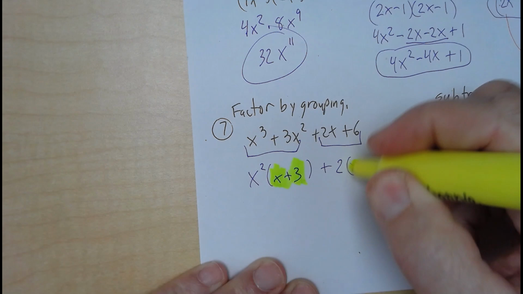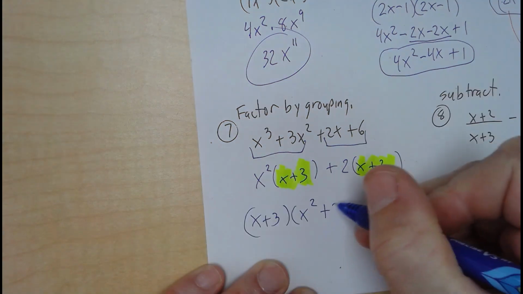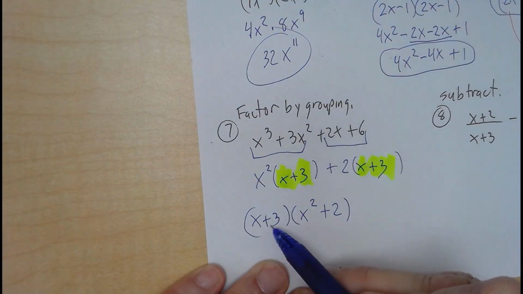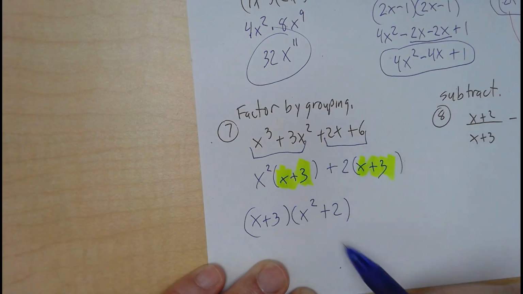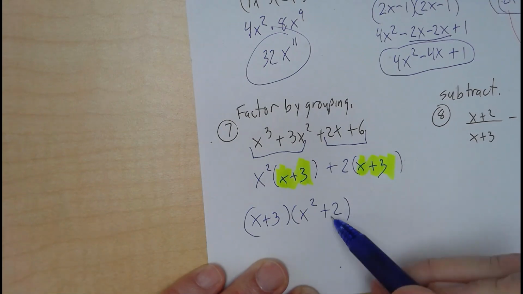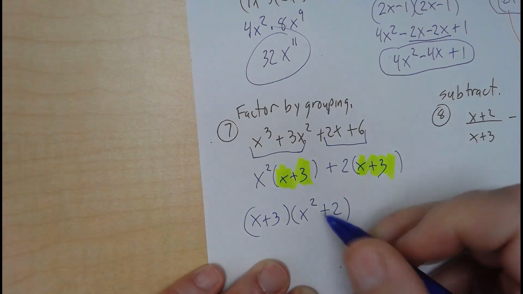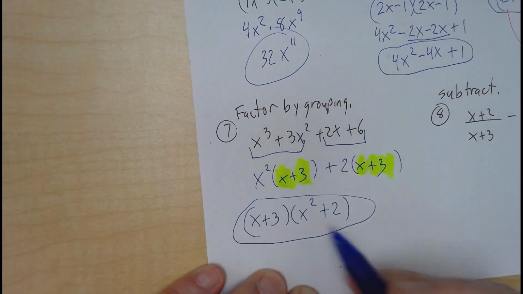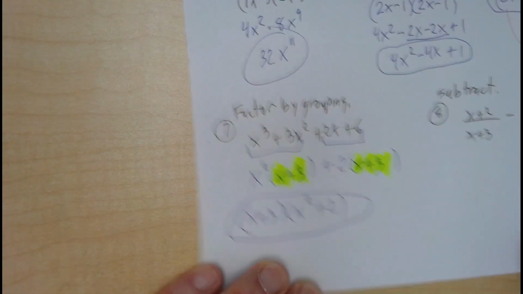X squared plus 2 is left over. So this yellow thing times this would make this. This yellow thing here times the 2 would make that. Now sometimes this here factors again, but in this case it doesn't. So that is the answer. That's not a difference of 2 perfect squares or anything, so we're done.